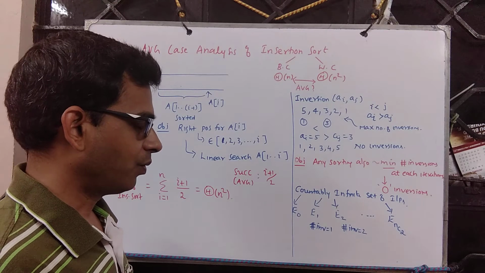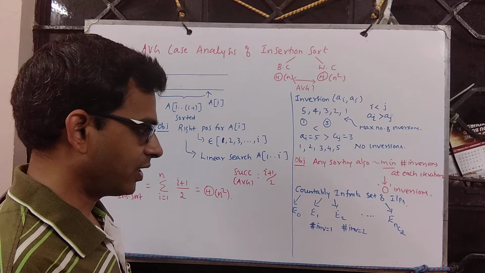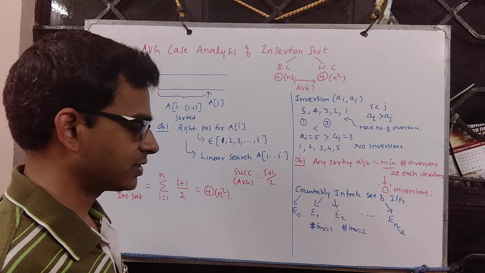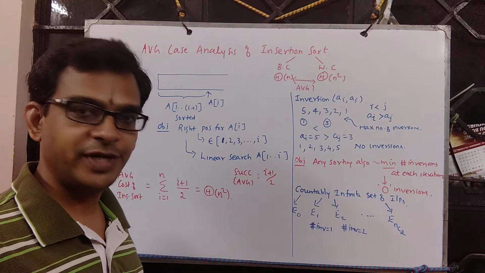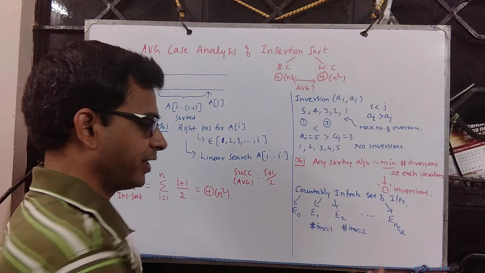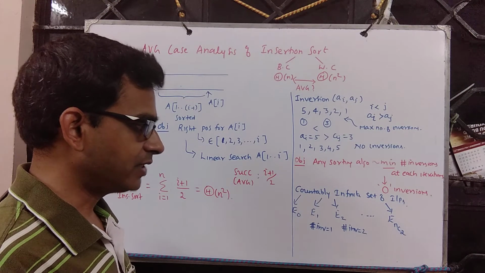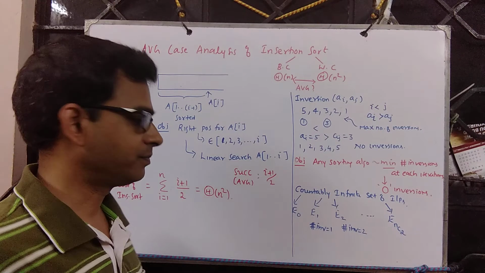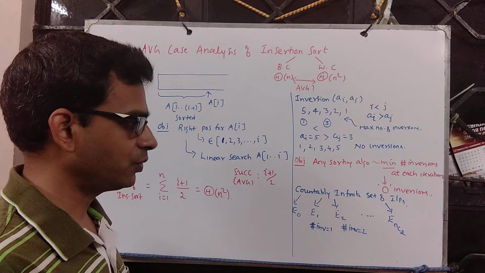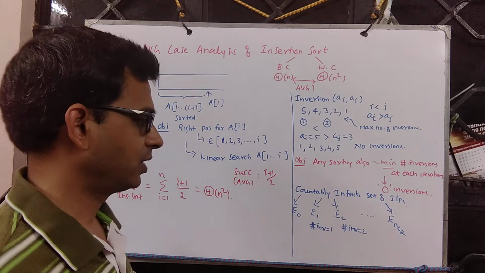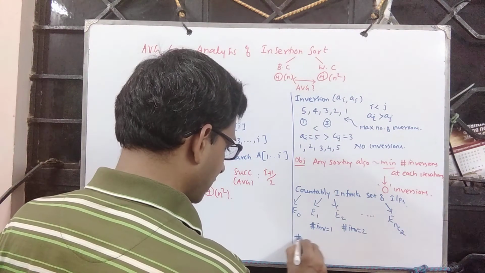Now, what should be our averaging argument? Given an input sequence, the number of inversions in that could be 1, 2, 3, up to n choose 2. Now, on an average, how many inversions will be there? The objective is to eliminate so many inversions through our algorithm. So let us estimate the number of inversions on average.